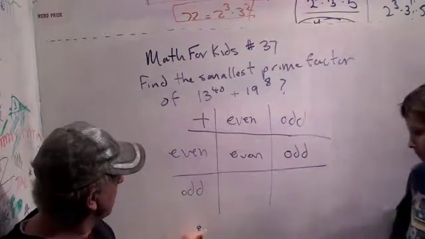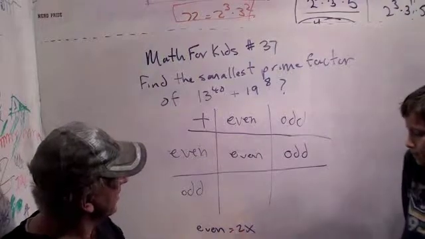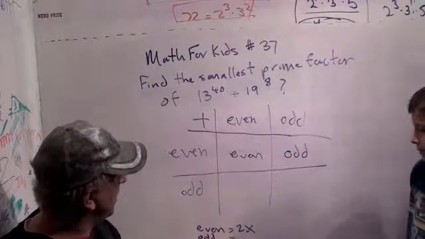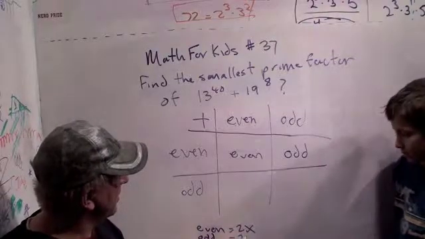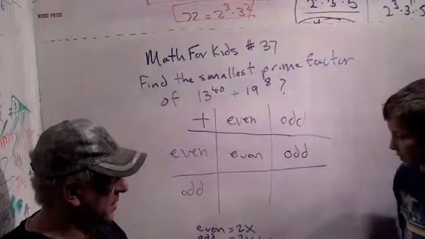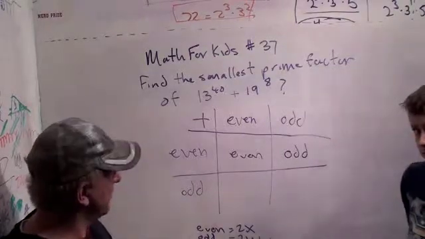Well, an even number we can write as 2 times, say, x, and an odd number is 2 times some number plus 1. So when I add these numbers together, I need to make sure this is on camera.